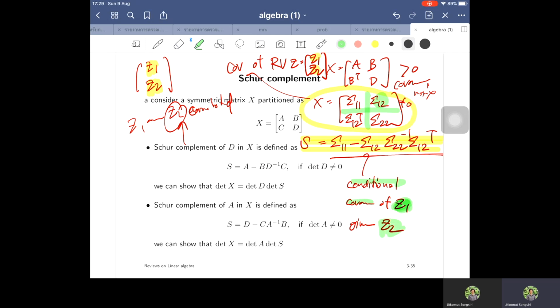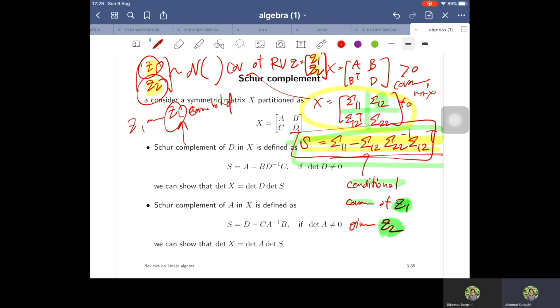So how the uncertainty in Z1 has changed once you know the information about Z2. This is a known analysis in the Gaussian vector case. The conditional covariance of one Gaussian vector given another is in the form of a Schur complement of one block in the matrix.